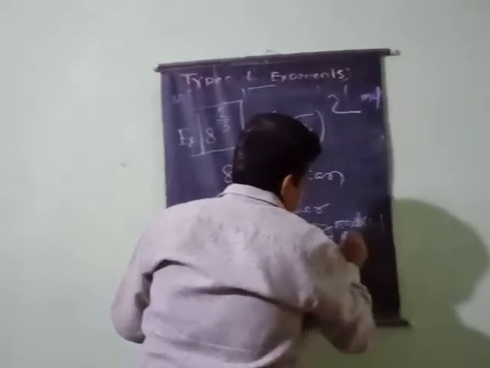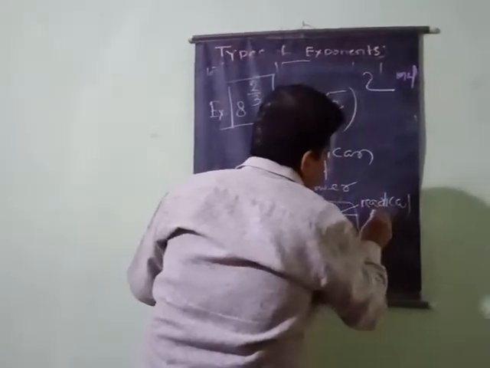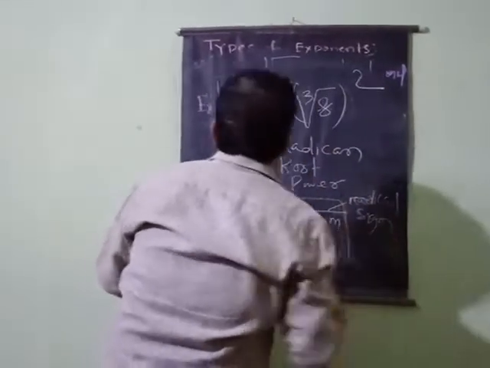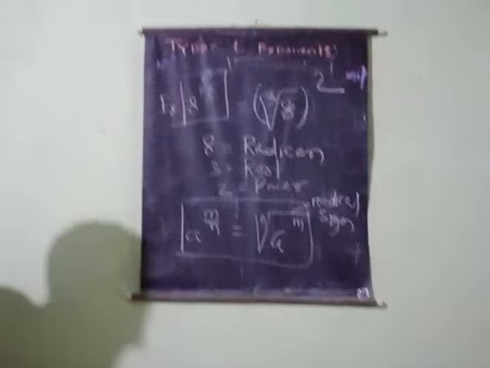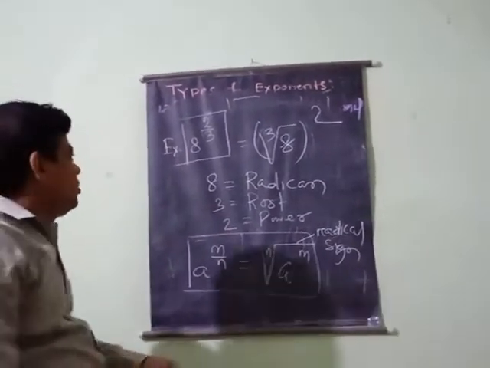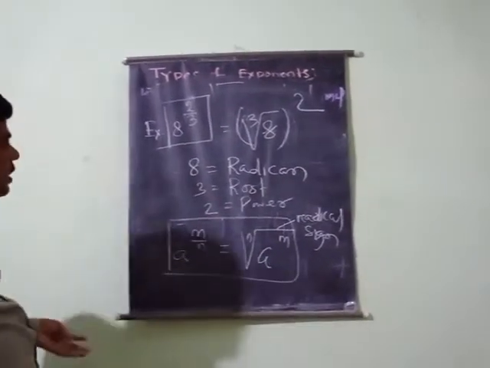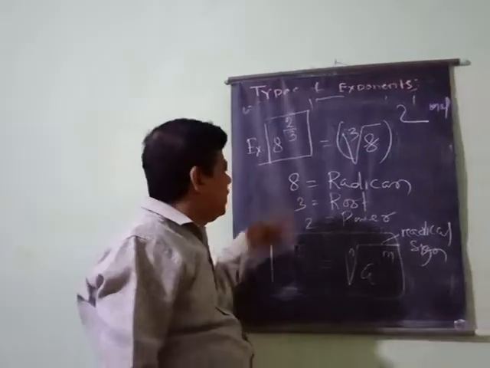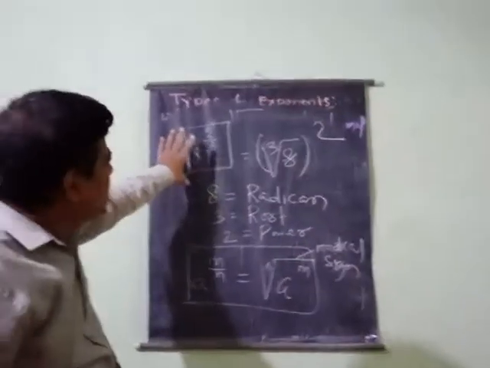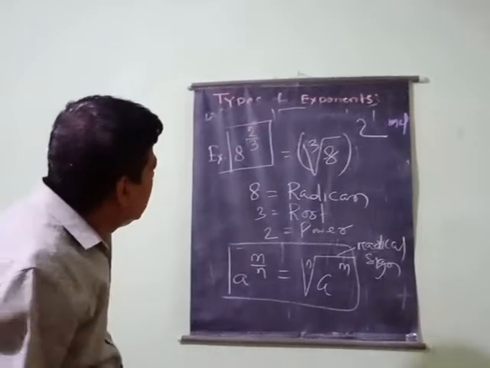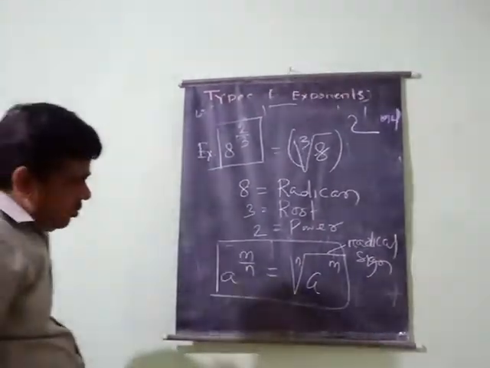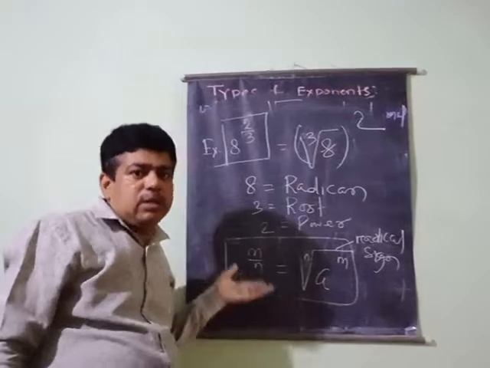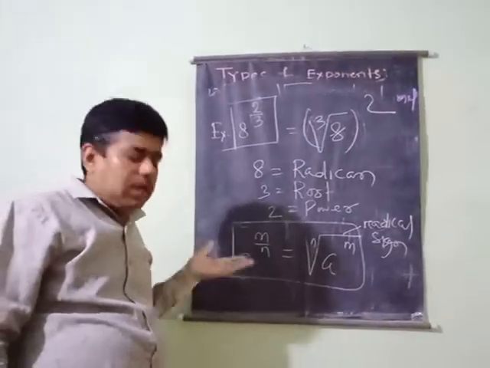So another type of exponent uses a radical sign. Understand? So you come across these types of exponent: the natural or positive integer exponent, negative integer exponent, zero exponent, and rational exponent. A new term is associated with the rational or fractional exponent. Okay, this class you studied the types of exponent. Okay, thank you students.